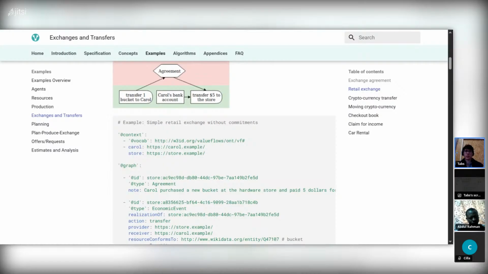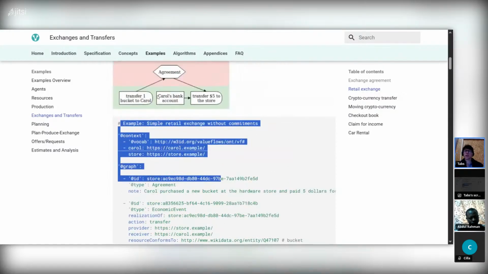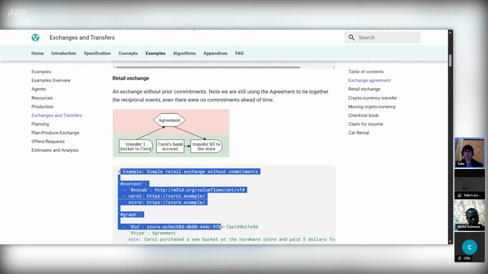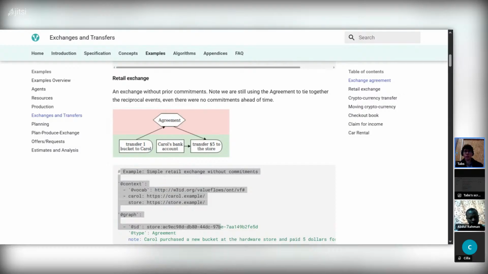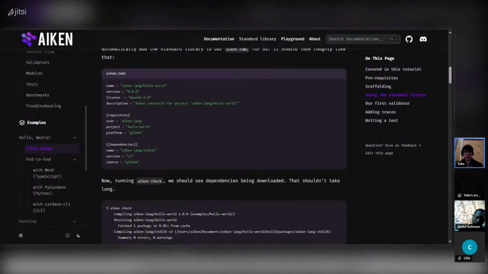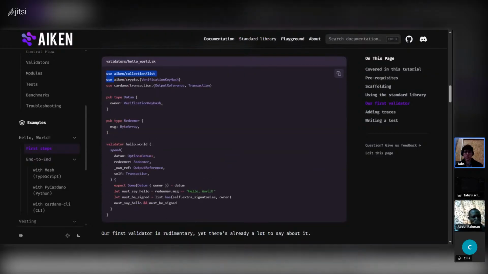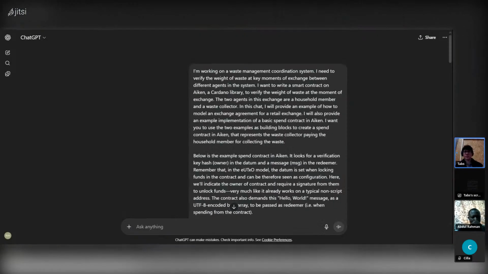And what we did was we took this template of a contract for this type of exchange, and then we took the Hello World example from Icon. We went down here, we took this, and we sent them both to ChatGPT. We gave it the context.